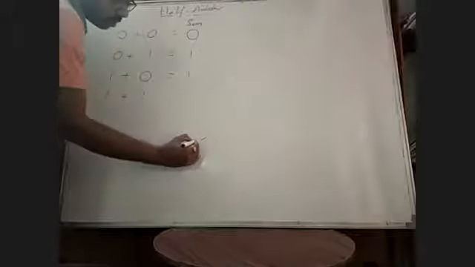We need to verify the result. 0 plus 0 is 0, and we call this the sum. 0 plus 1 is 1, so the sum is 1. Again, 1 plus 0 is also 1. And if you are adding 1 plus 1, it is 1 0.